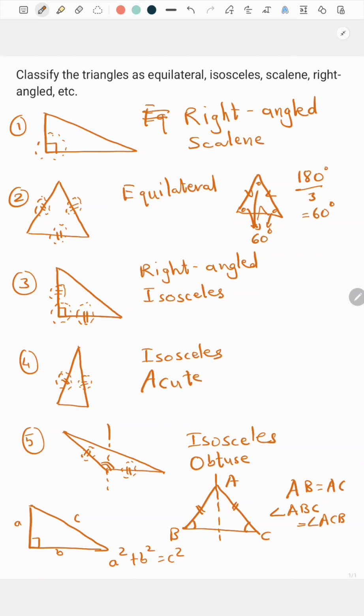This can be proved, but I'm not going to do it right now. This is an important property to remember. This holds for right angle triangles.